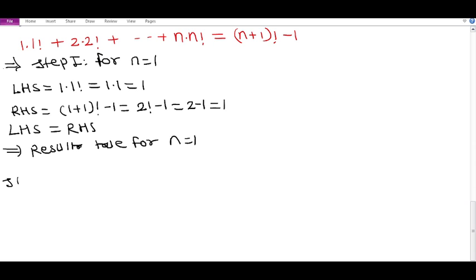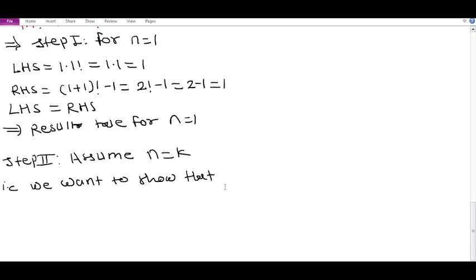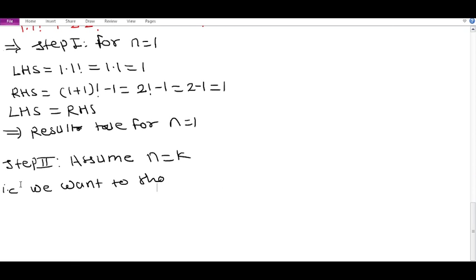Now step number 2, we assume here the result holds for n equal to k.